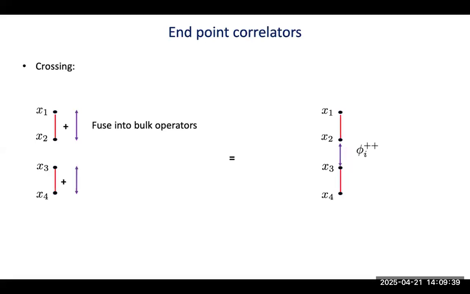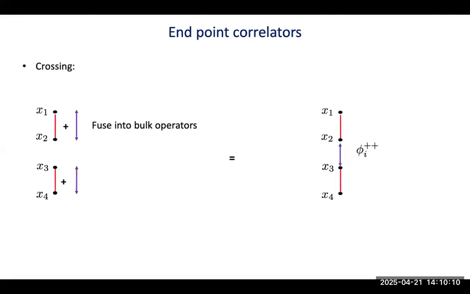Suppose you have a pinning field defect here and a pinning field defect here of the same sign, in this collinear configuration. If you look from very far, this segment is very small, so it looks like a local operator, and the same with this segment. So these fuse into local bulk operators, and this way you get access to the bulk spectrum.